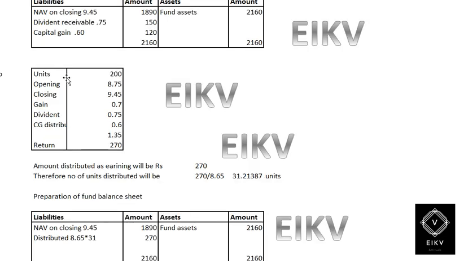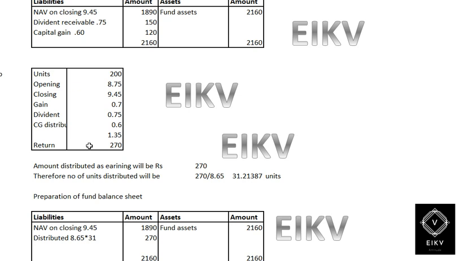Now going ahead with the second option, we have 200 units, opening balance 8.75, closing 9.45. Total gain would be closing minus opening, which is 0.7, dividend 0.75, and the capital gain would be 0.6. So the total would be 1.35.